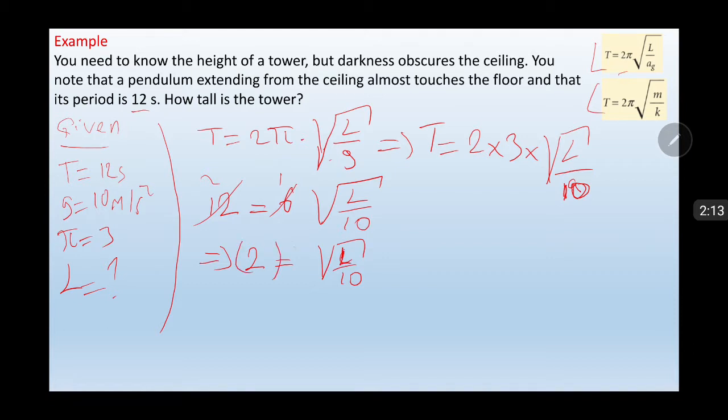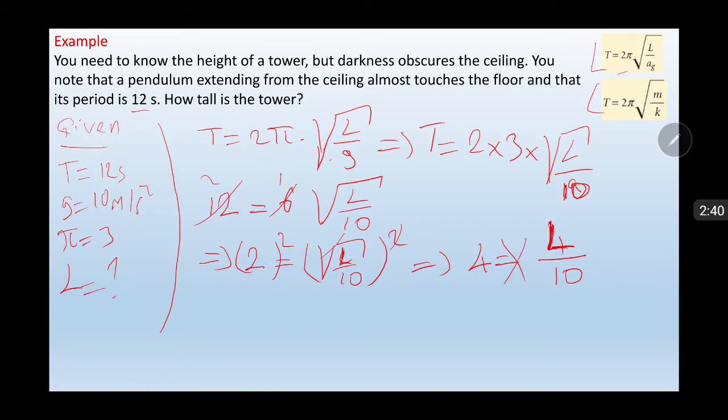On both sides, when we square this, the square root inside will move outside. 2 multiply 2 is 4 equals, the square and square root simplify, L over 10.